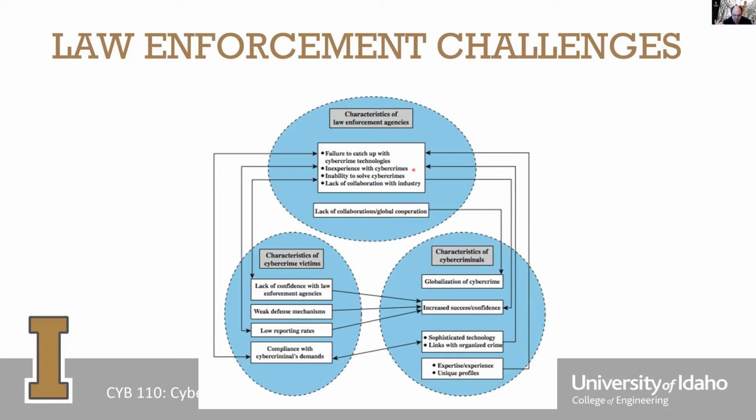Because most of what the FBI was doing back in the 90s had nothing to do with cybercrime. Now, they do more of that now, but still a lot of what they're trained on, they're not computer people. They're law enforcement people. They may just be unable to solve the crime, even if they know something about it, because you've got to find the perpetrator.